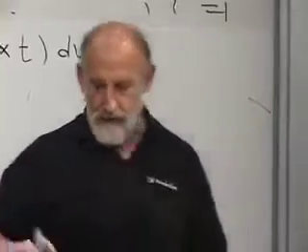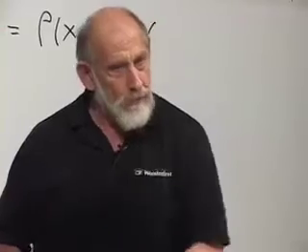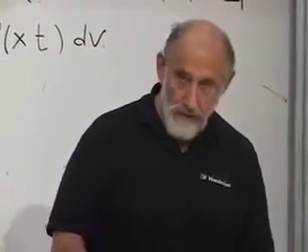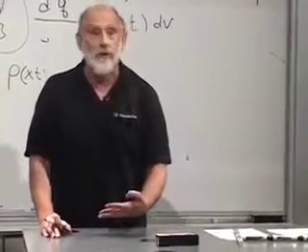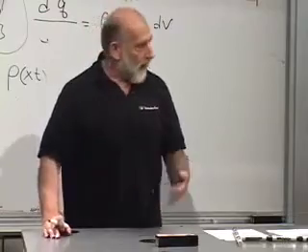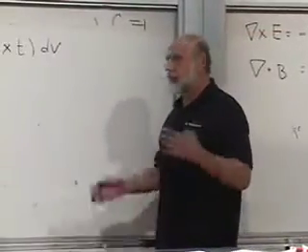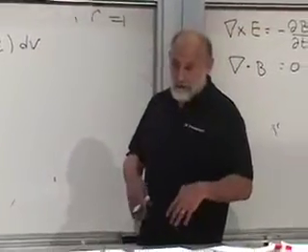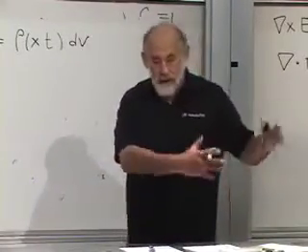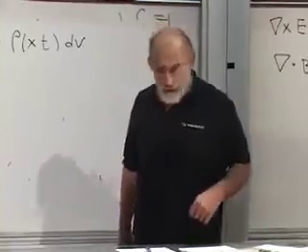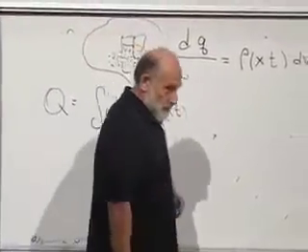They can't disappear over here and reappear over here unless there's a flow of charge in between. In other words, if charge disappears over here and reappears over here, somebody in between had better be seeing a current flow between them. How do we express this idea that charges don't just appear and disappear, and in fact they don't move from one place to another except by virtue of a current of electric charge flowing from one place to another? So for that, we have to invent the idea of a current.